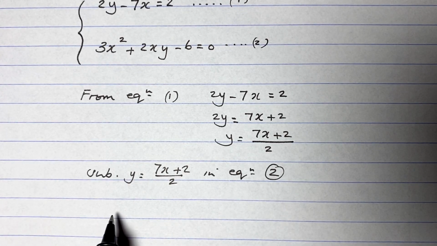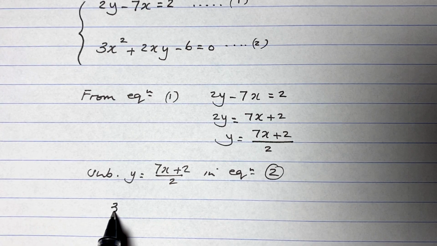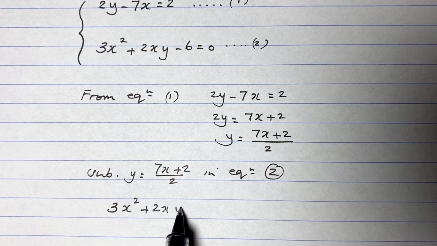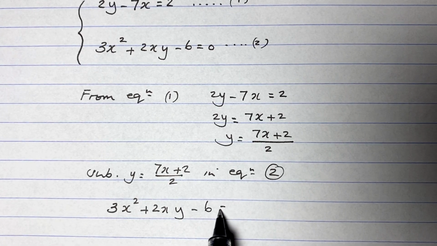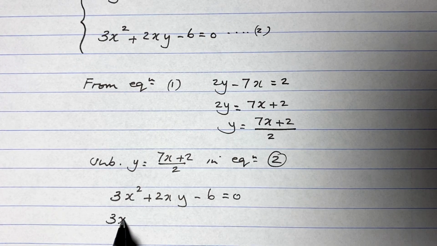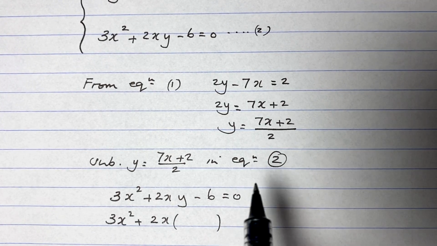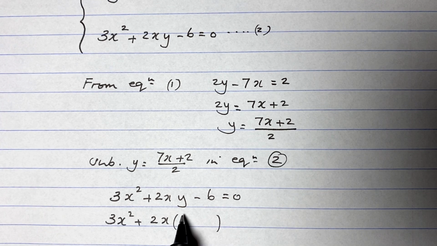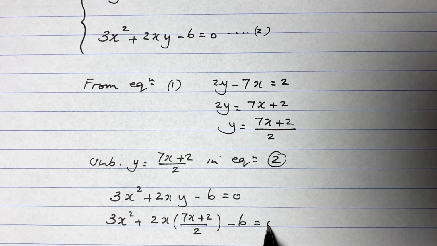So equation 2, I write it again so you can see when I substitute. So we have 3x squared, 2x, and y is (7x plus 2) divided by 2, minus 6 equals 0.